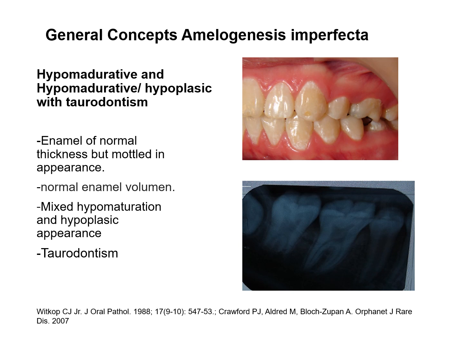The enamel has normal volume. On the other hand, the hypomaturative hypoplastic with taurodontism is a combination of hypoplasia and hypomaturation enamel with taurodontism, which is an anomaly where the crown is elongated and the roots are short. We can see this anomaly in this radiograph.